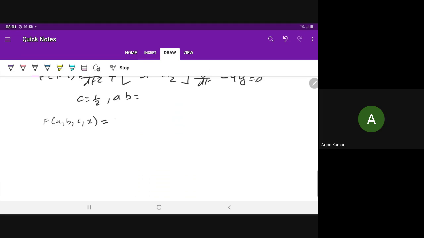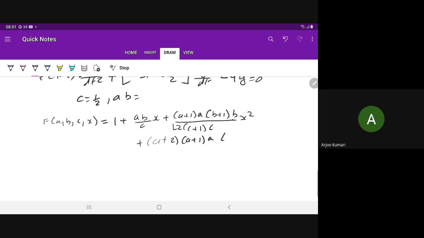By definition, it is 1 plus ab upon c x plus a into a plus 1, b into b plus 1 upon c into c plus 1, factorial 2, x square, plus a into a plus 1 into a plus 2, b into b plus 1 into b plus 2 upon factorial 3, c into c plus 1 into c plus 2, x cube, and so on.